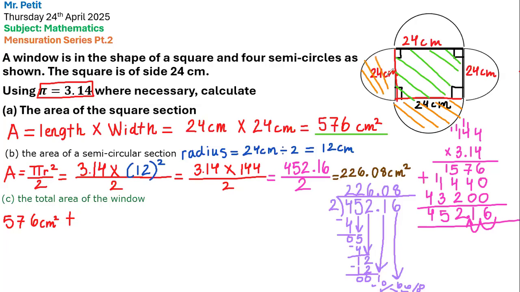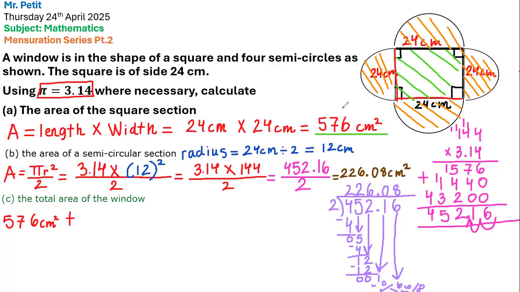And we know that multiplication is repeated addition. So this is 1, 2, 3, and 4. There are 4 semicircular portions. And so what does that mean?